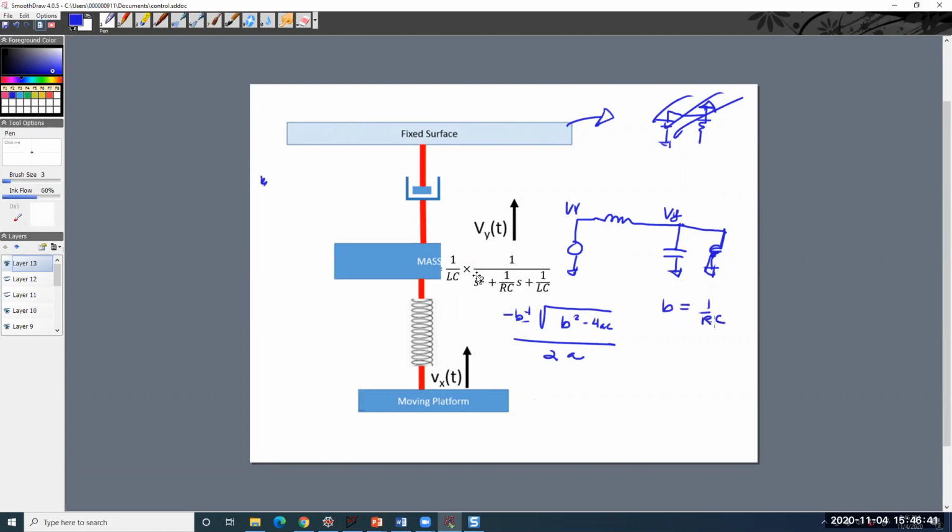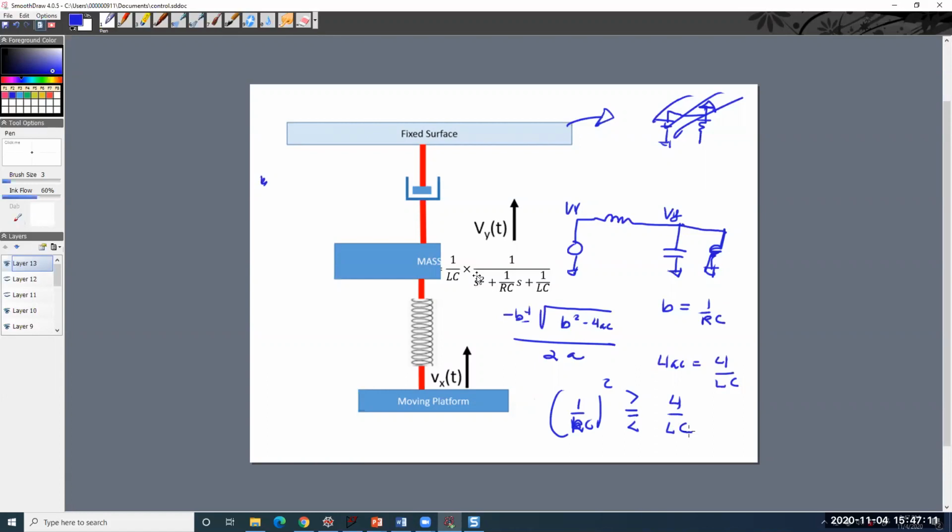In this case, it's 1 over RC. When everything is in series, it's R over L. And then 4ac is 4 divided by LC. So you basically get 1 over RC squared. Is it greater than, equal to, or less than 4 over LC?